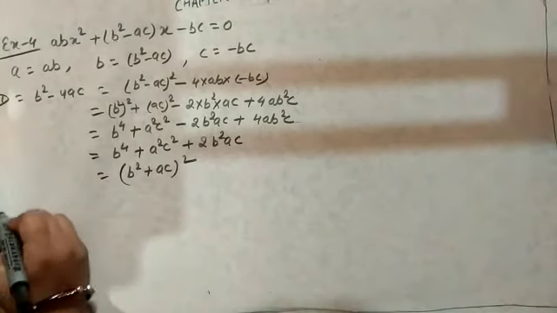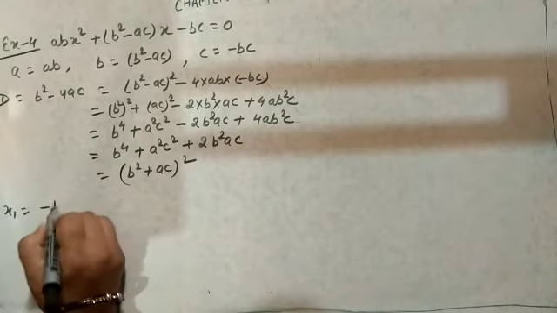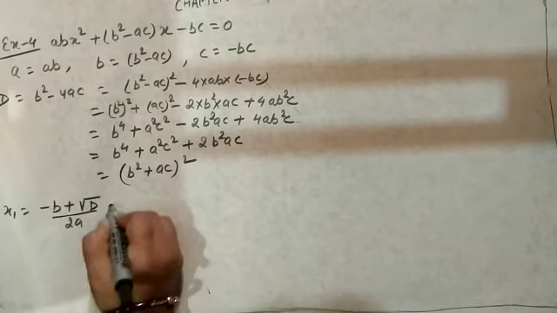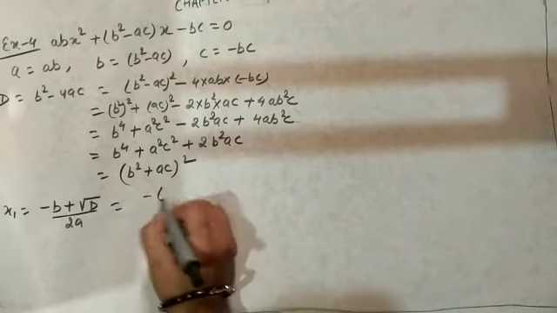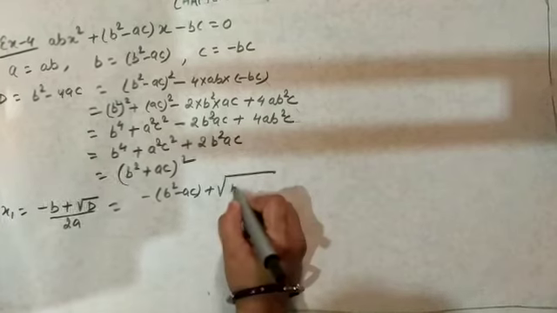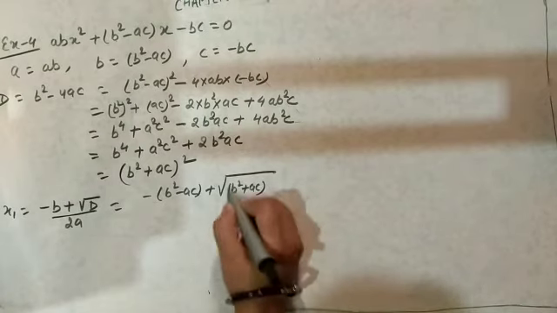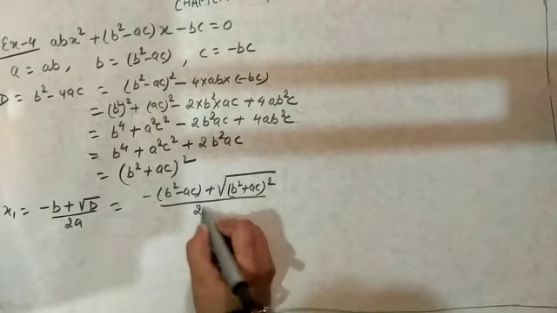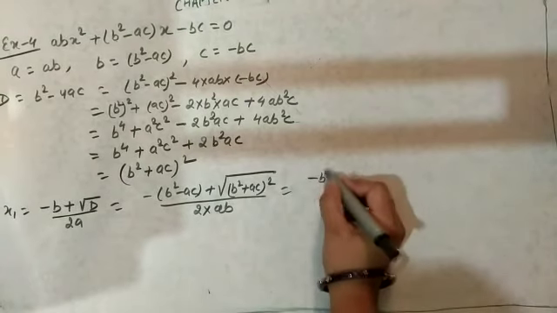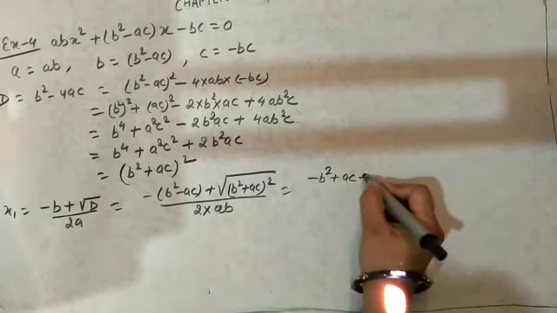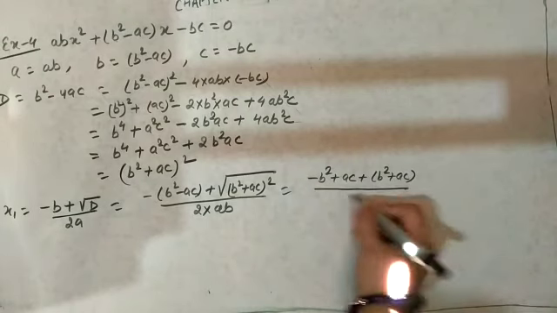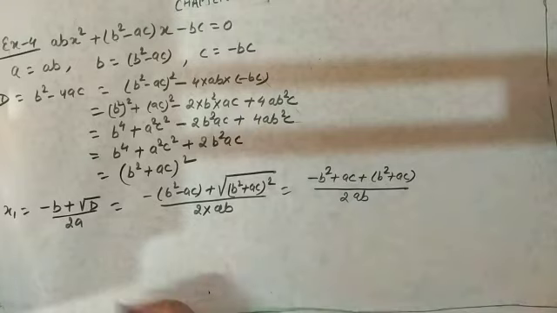Now x1 = (−b + √D) / 2a. So −b, that is −(b² − ac), plus √D, that is √((b² + ac)²), divided by 2 × ab, equals (−b² + ac + b² + ac) / 2ab.